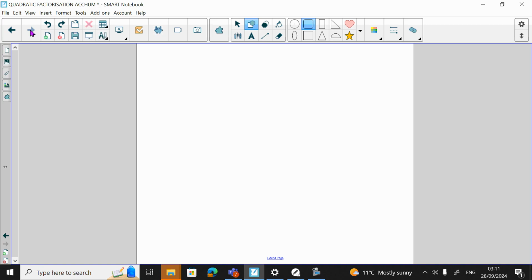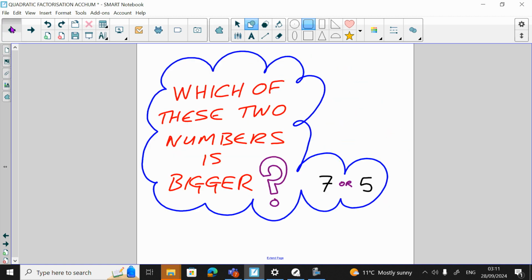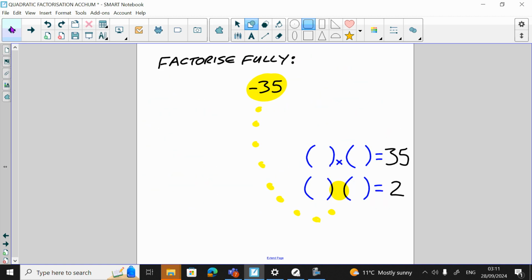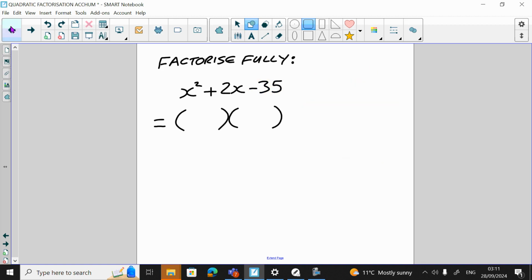But in regards to this lesson, I'm just going to go back here. I just want to point out, just taking this example here, all the examples I'm looking at here, it's only when we have just a single x squared, or sometimes they call that the unitary coefficient.